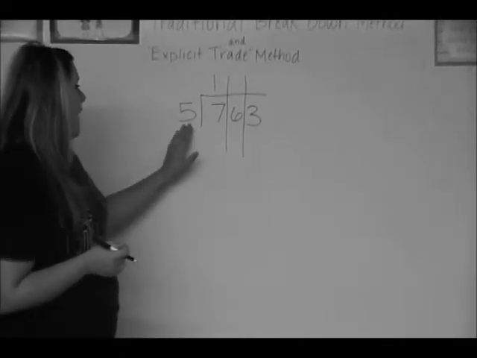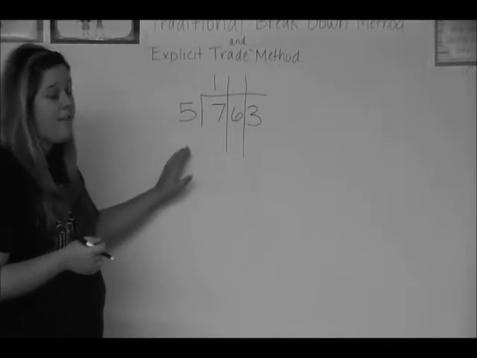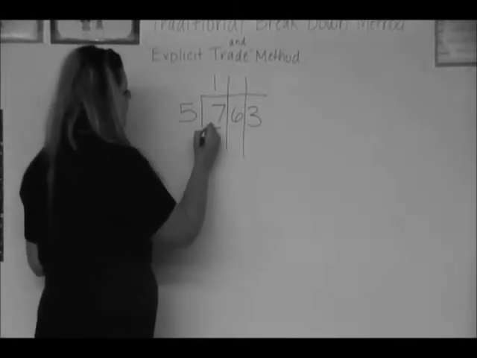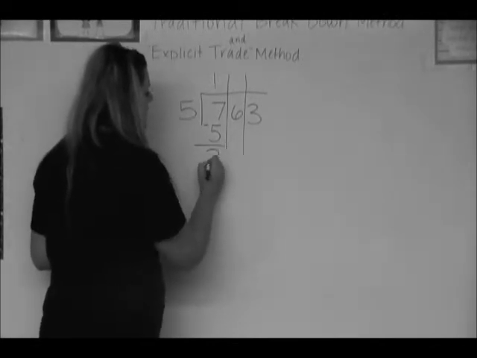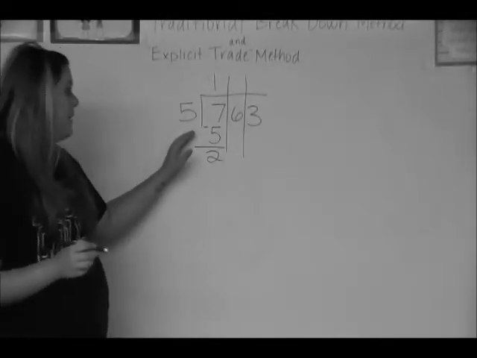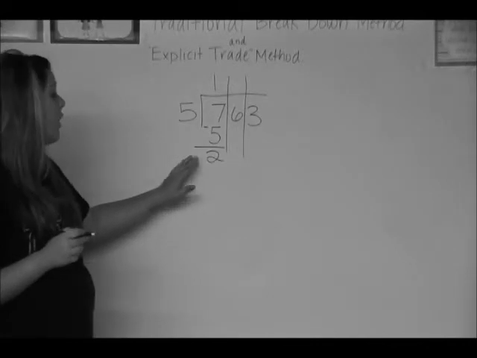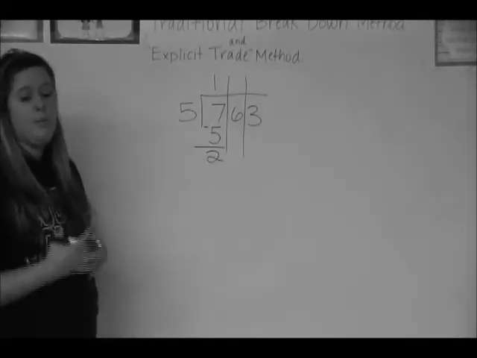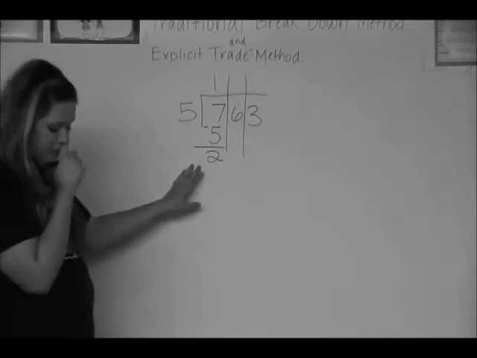We then are going to do 5 times 1, or 500 times 1, which is going to give us 5. We then are also going to minus it. 7 minus 5 equals 2. Or 700 minus 500 equals 200, because we have to remember that we are in the hundreds place.